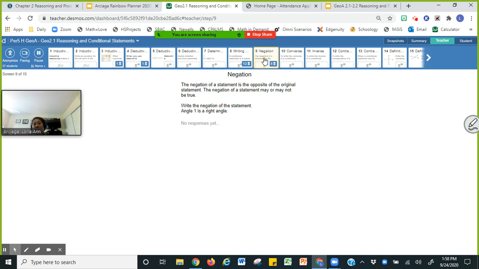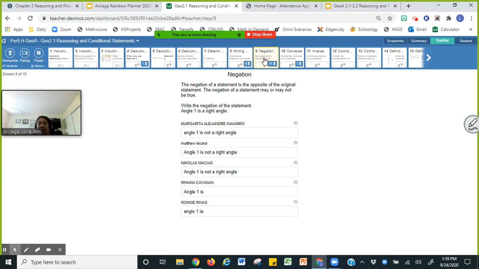So if the original statement is angle one is a right angle, very good, Nico. Share your answer, Nico, either in the chat or say it aloud. So you just put the negative by inserting the word not: angle one is not a right angle. Awesome.